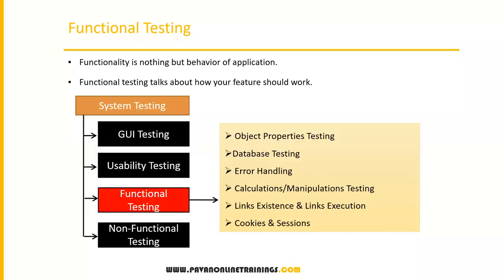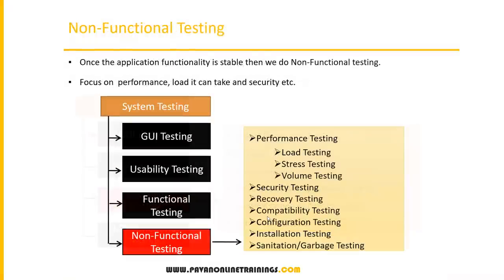Now let us quickly move on to another type of testing, non-functional testing. So far, we have seen functional testing. What is the main focus of functional testing? It is the behavior of the application: what the requirement is, and whether the application is working properly according to the customer requirement.